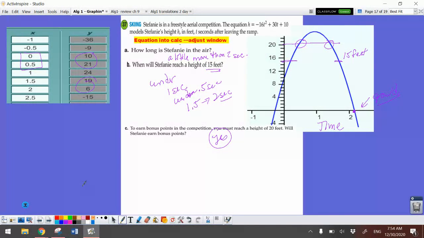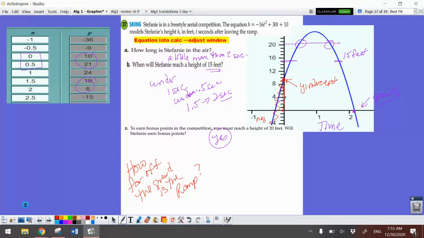Now, the bigger question is, how far off the ground is the ramp? Is she actually starting on the ground? Where is she starting? Well, that's where the y-intercept comes in. The y-intercept is a really important part because, first of all, this is negative time, and I can't have negative time.